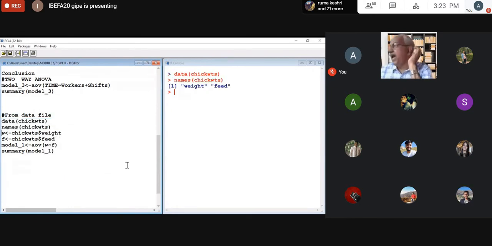This file has two variables: the weight of the chicken and the type of food they eat. So W denotes weight, F denotes the food.